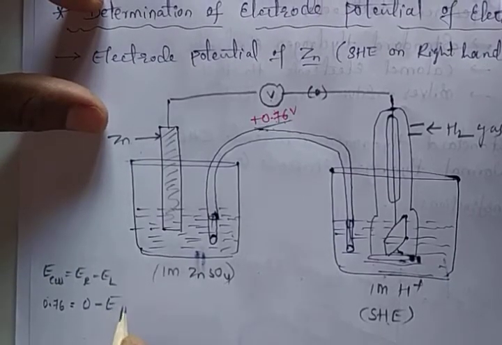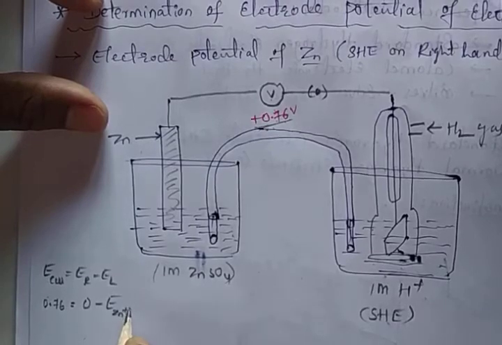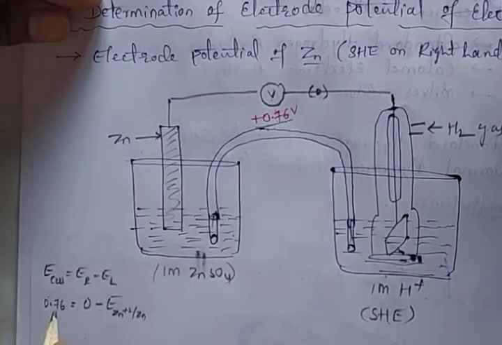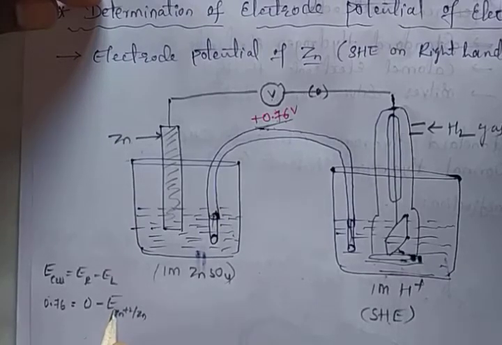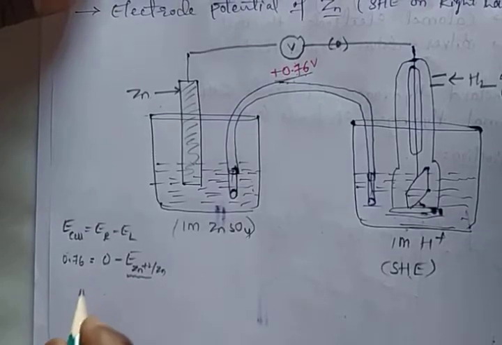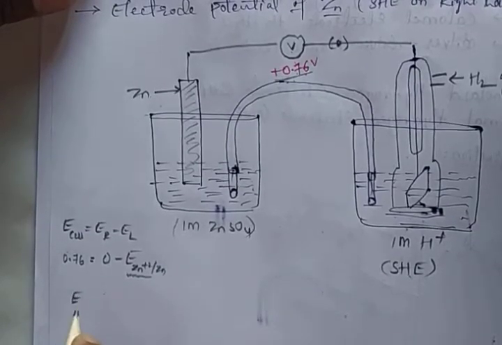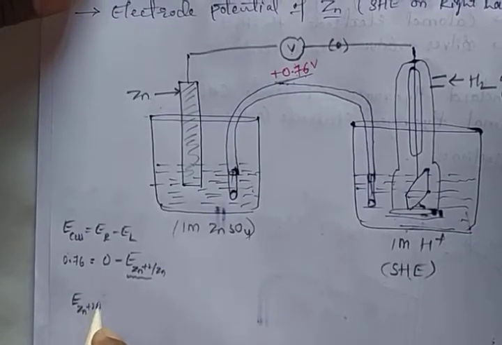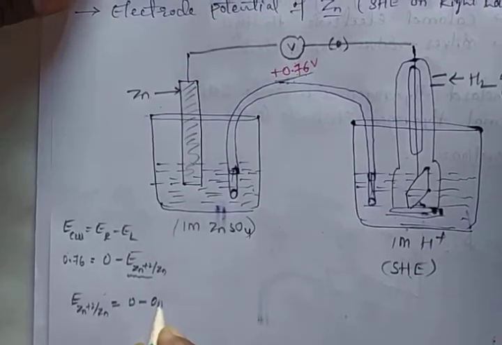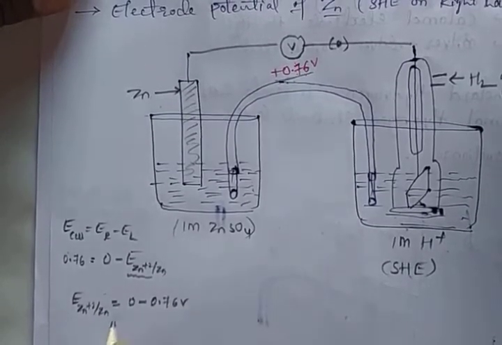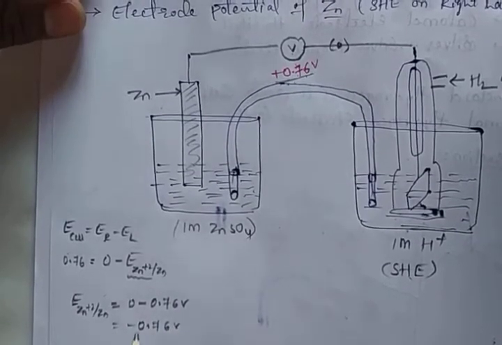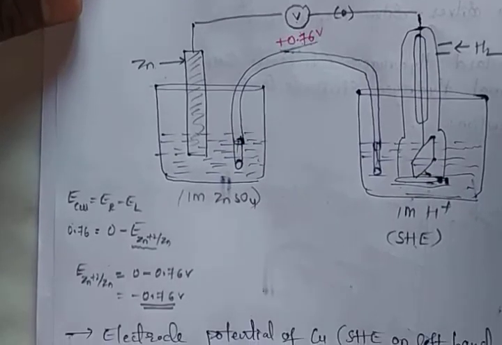That means the zinc reduction potential, Zn2+ to Zn, is 0 minus this value. So rearrange: E reduction potential of zinc is equal to 0 minus 0.76 volt, which is equal to minus 0.76 volt.